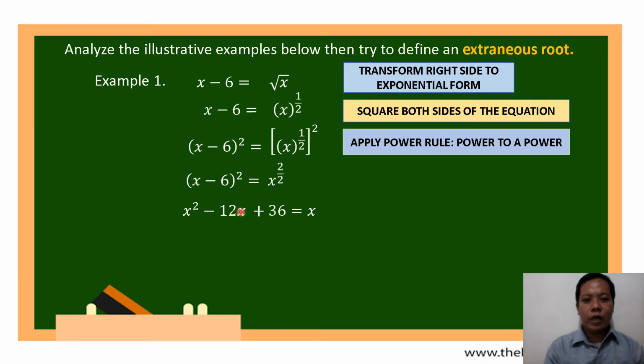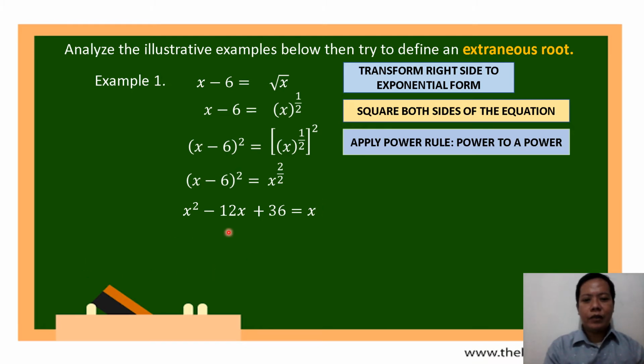This is what we call the square of a binomial. Why? Because 2 over 2 is 1, and to the first power is whatever the base is, so the 1 is invisible.